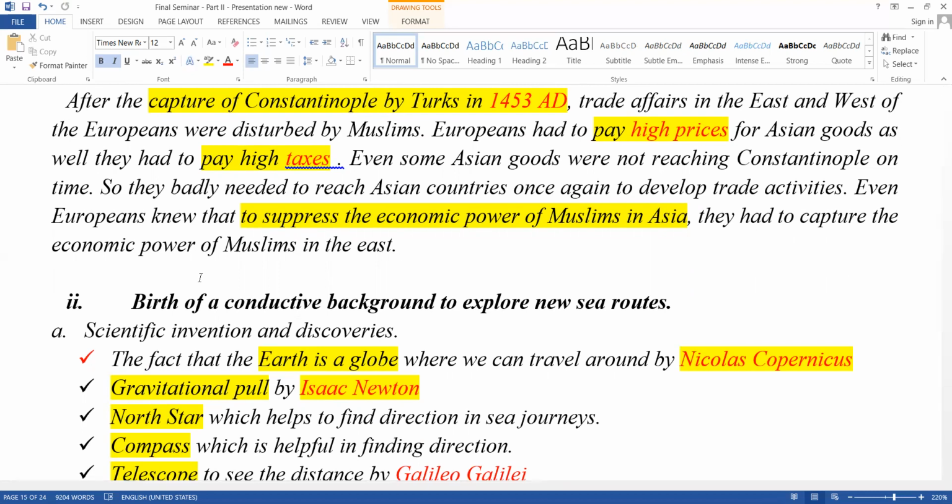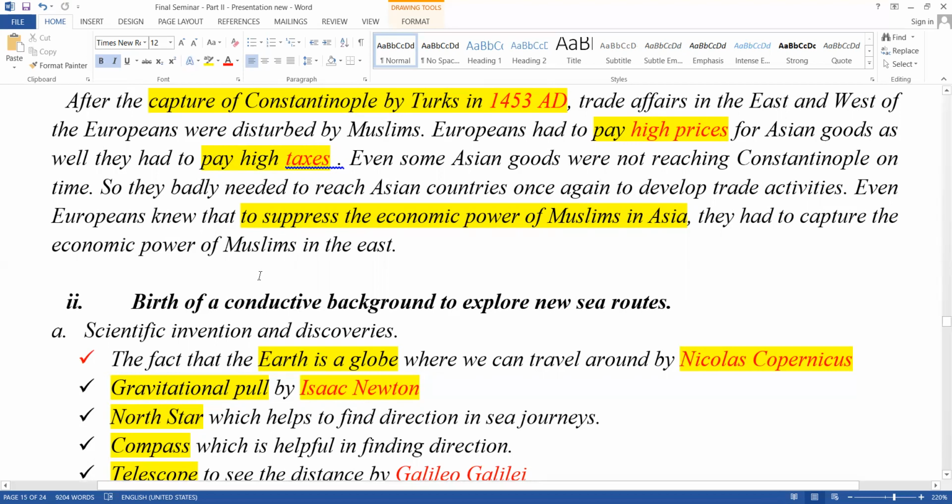North Star. The North Star is always at the north. So at night in sea journeys, they could find the route, find the direction very easily because of the North Star, and even the compass. And Galileo Galilei's telescope could be used only to see sky objects, because the image given by it is inverted.